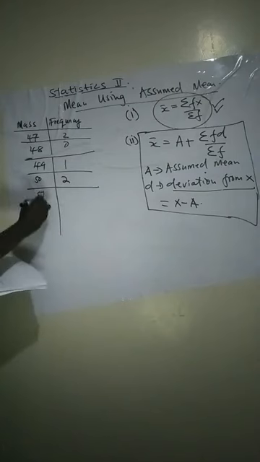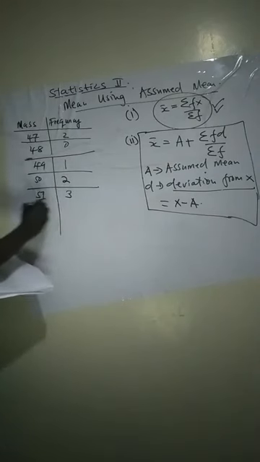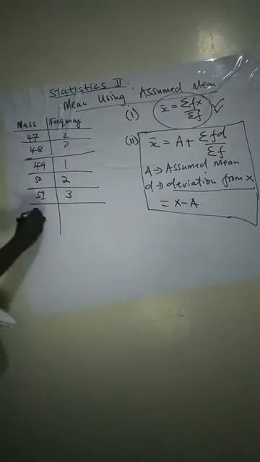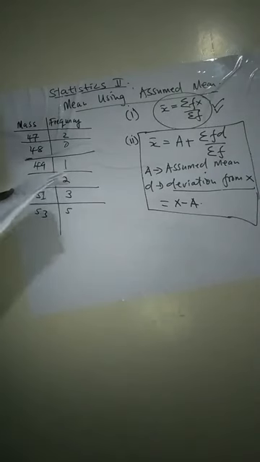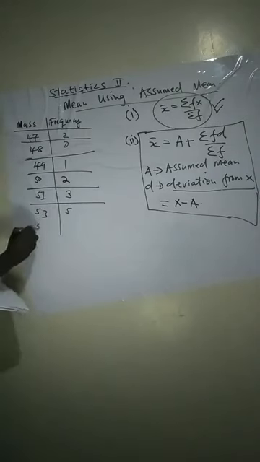I pick another one, 51, frequency 3, and lastly, maybe you can pick two more, 53, frequency 5, and lastly, maybe 54, give it frequency 6.